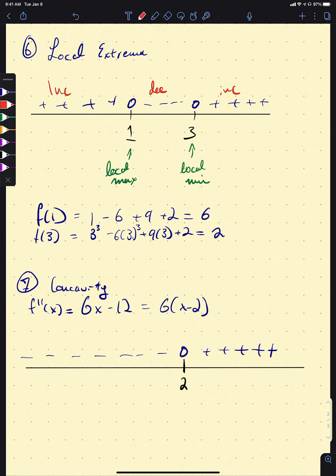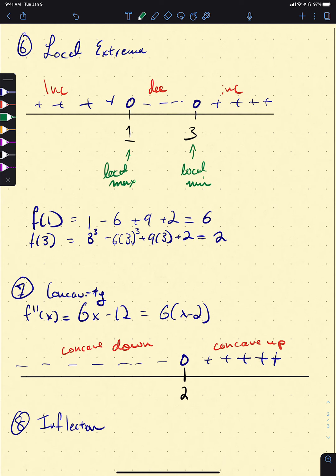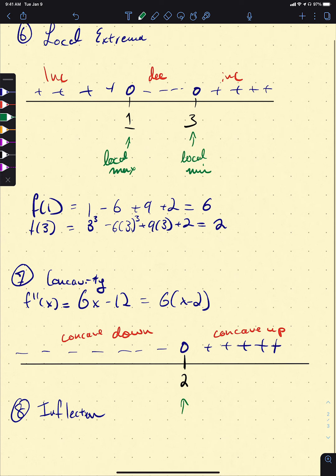So that tells me that we're going to be concave down here, concave up there, and I guess you could consider this step 8 is inflection, if I could spell it right, and that's going to happen here.